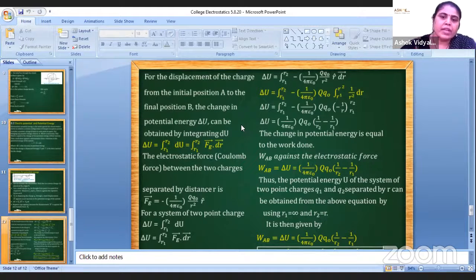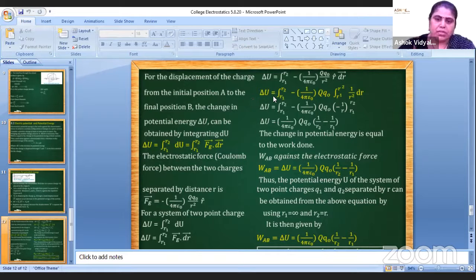Putting the value of this Fe, the equation becomes delta U is equal to the integral from R1 to R2 of minus 1 upon 4 pi epsilon naught, Q Q naught, R square into unit vector R bar, which indicates the direction.